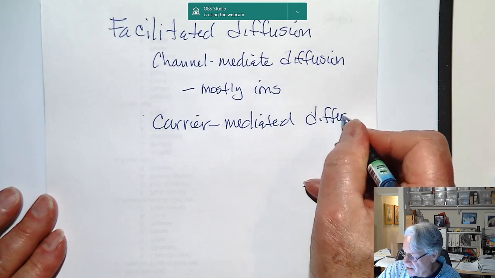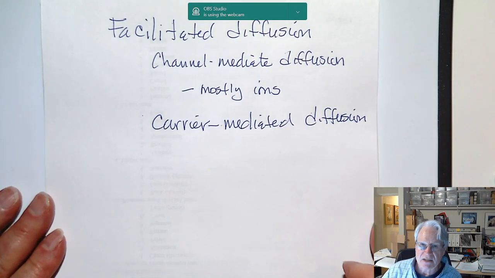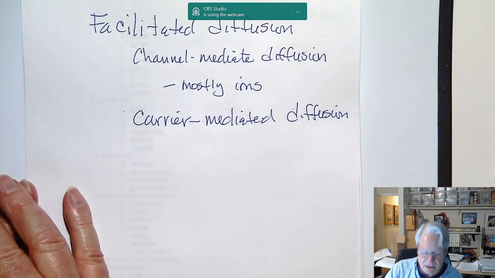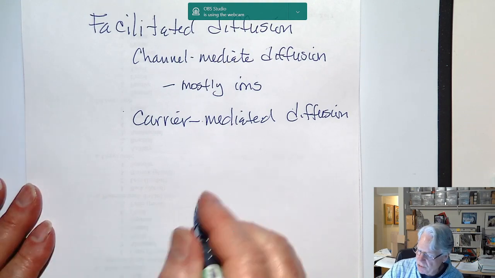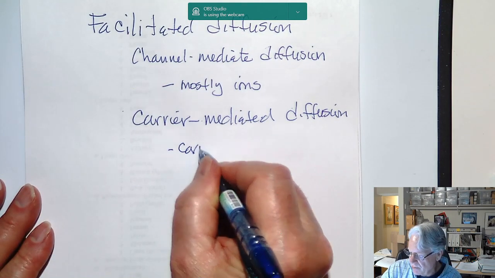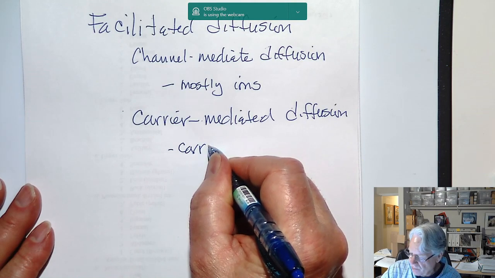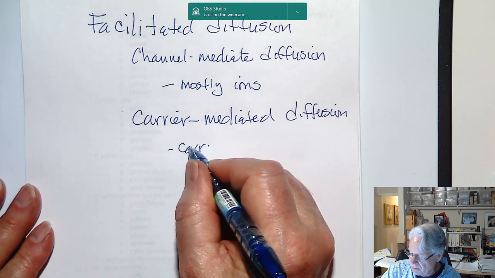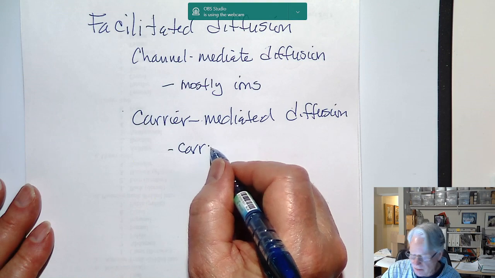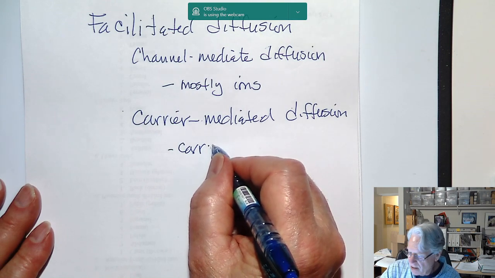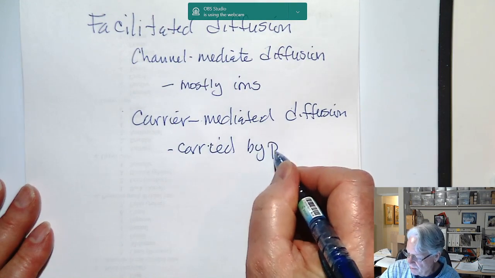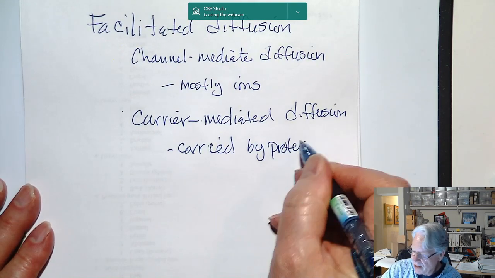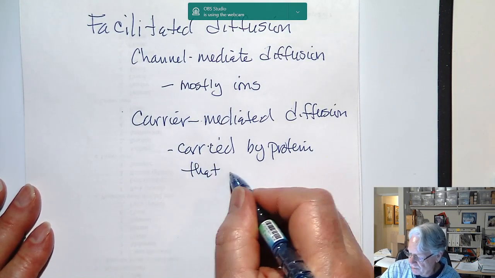Okay, I should have added facilitated. I know, my bad again, but I'm not doing it. I'm getting lazy. So carrier-mediated diffusion is going to require a protein. It's going to be carried by a protein that changes shape.